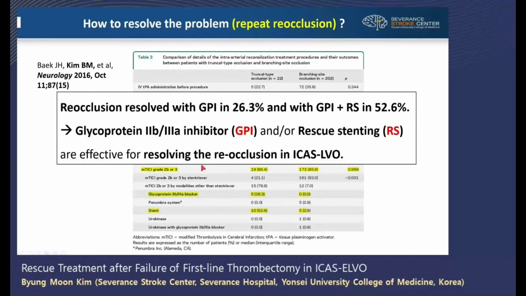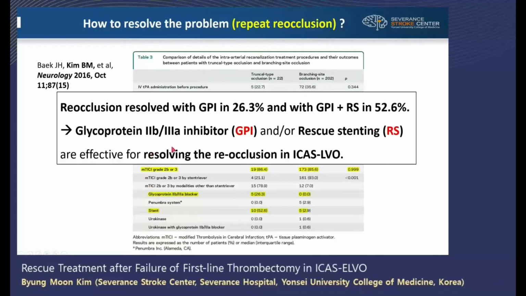In my report, reocclusion resolved with GPI infusion in 26.3% and with GPI plus rescue stenting in 52%.